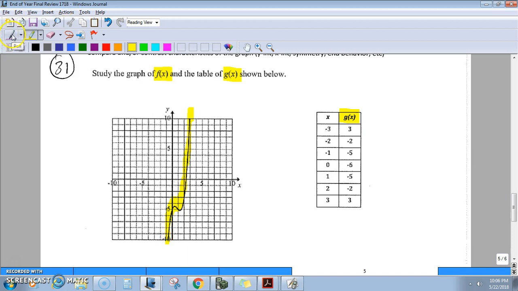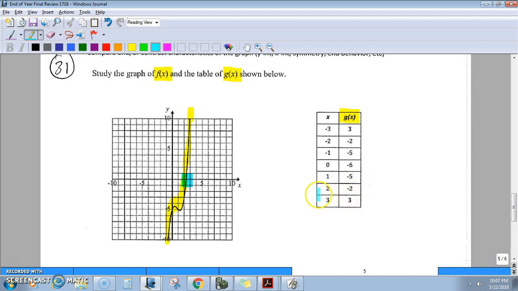So let's look at the x-intercept. The x-intercept for this f of x is right here. Looks like a little bit more than 2.1, 2.2. And the x-intercept over here is where y is 0. And I'm not actually seeing where y is 0.